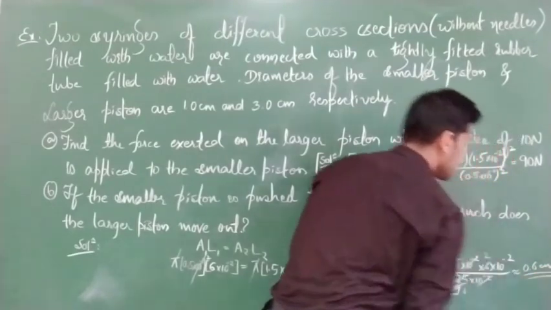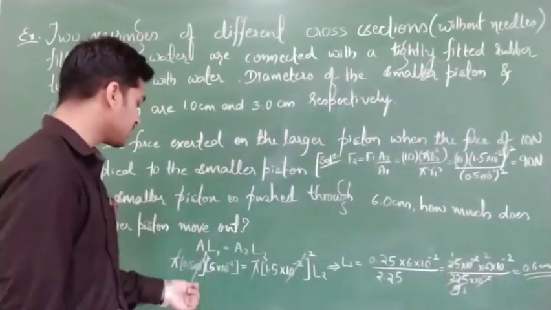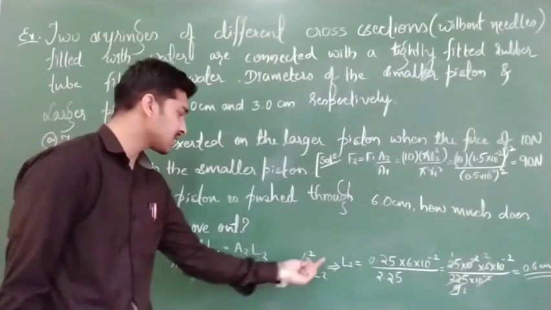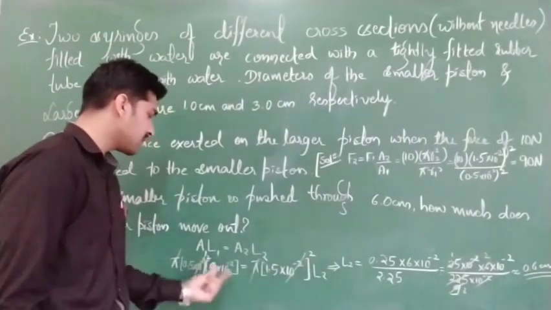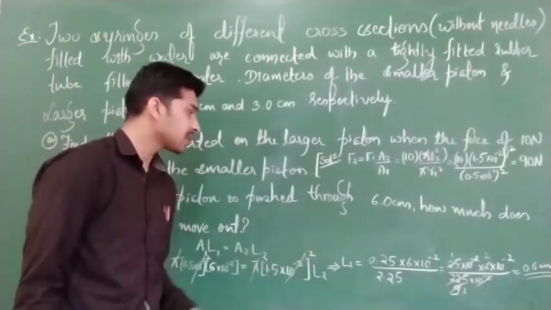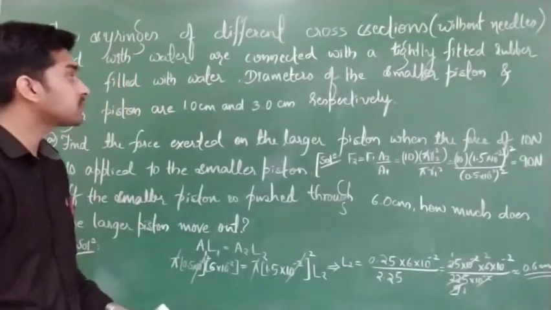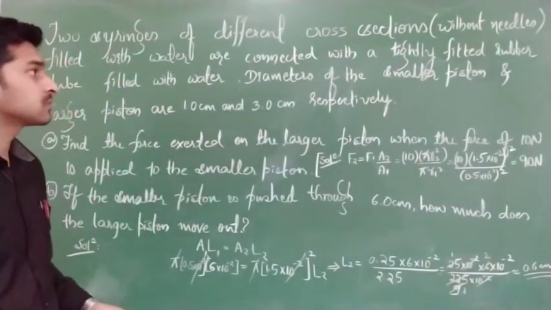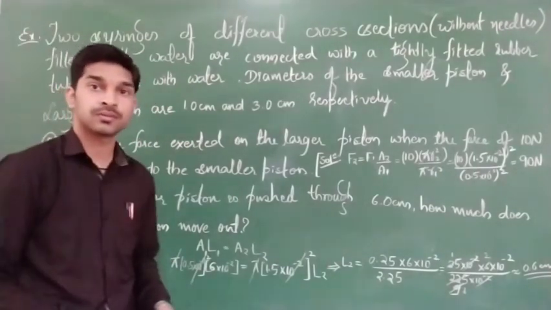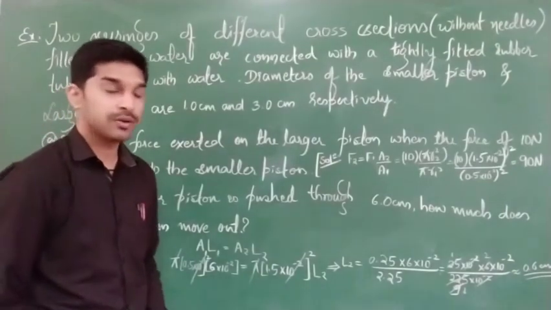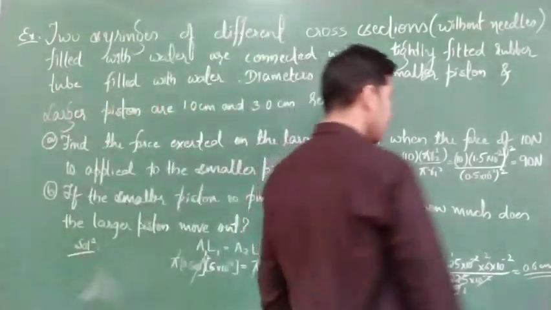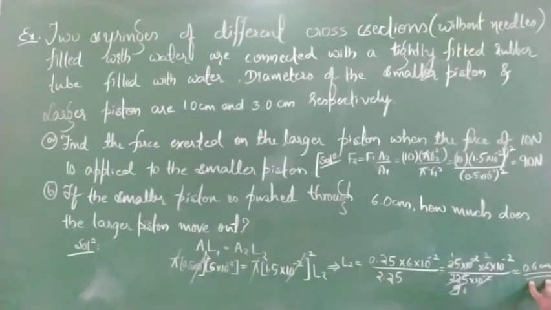Clear? So while solving you should have to be very cautious. Don't make mistakes like this. Clear? So this is pi r square. This is also pi r square. Clear? Copy it down. Can you able to see clearly here? This is 0.6. Approximately equal to 0.6.